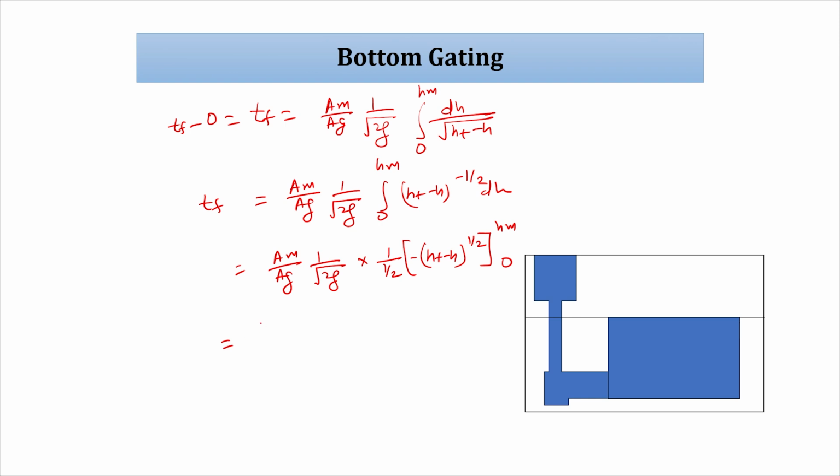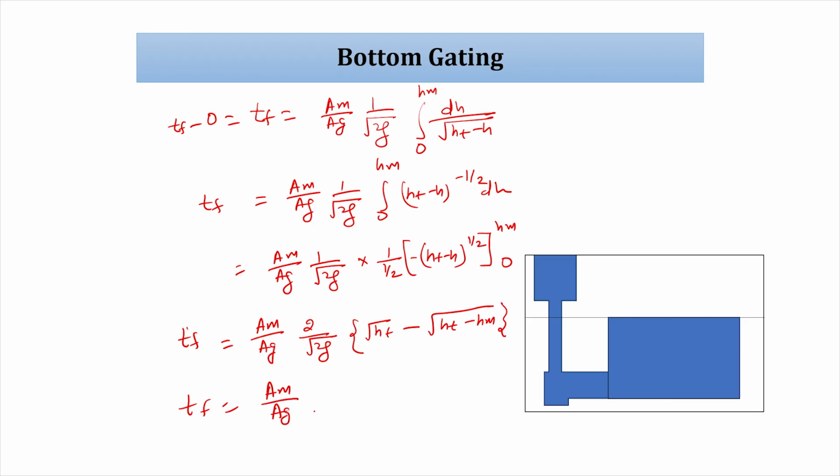Okay. I will just put the value, and what will happen? We will put first 0 root Ht minus root Ht minus Hm. So, Tf will be Am by Ag root under 2 by g Ht minus Hm.